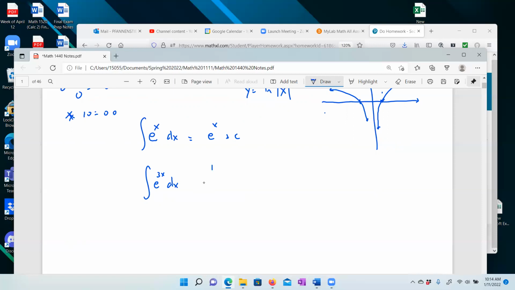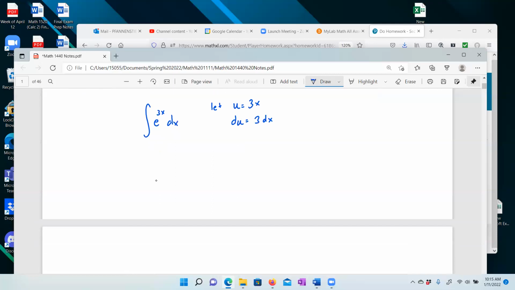So what I often do, especially if I'm new and I haven't done it in a while, is let u equal 3x, so du is equal to 3 dx. So this is e to the u, and du is going to be 3 dx, but I don't have a 3 here.